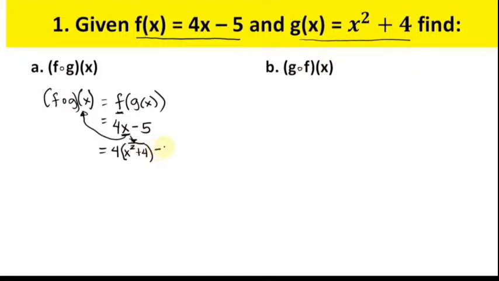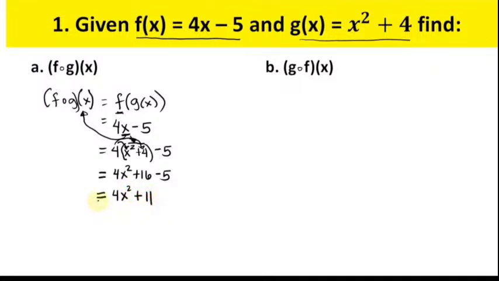Then, subtract 5. Next, i-distribute natin. So 4 times x squared, that is 4x squared. Then 4 times 4, that is 16. Positive 16 minus 5 equals, simplify or combine like terms. So that is 4x squared plus 11.